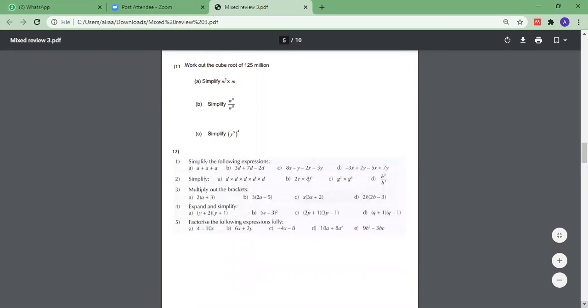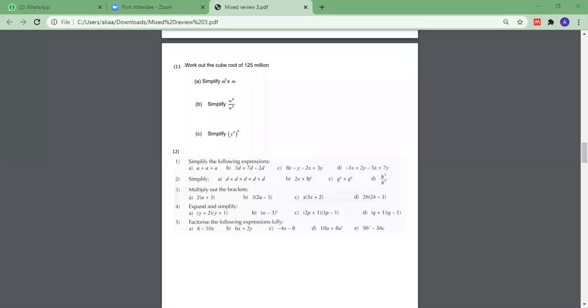Work out the cube root of 125 million. Okay, we didn't take cube root yet, but the cube root of 125, as we said, is the opposite of the cube.